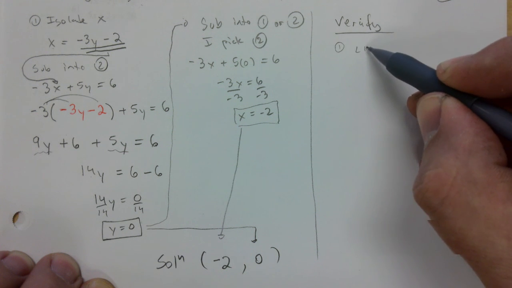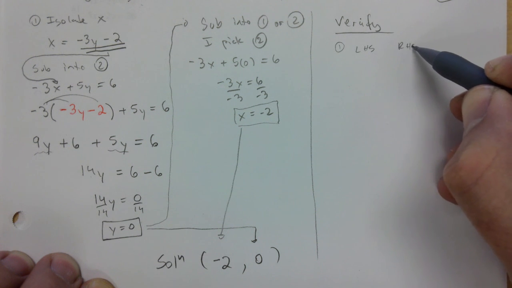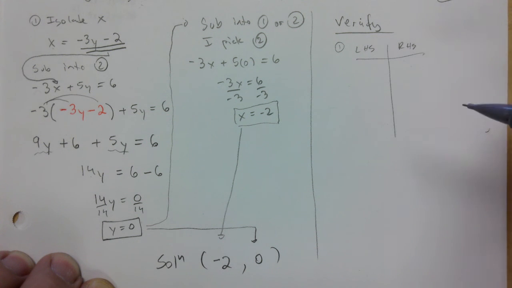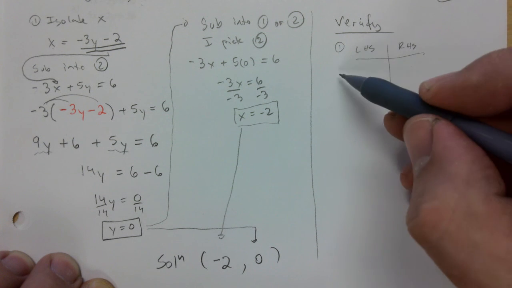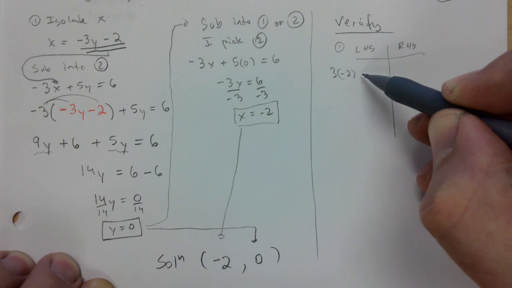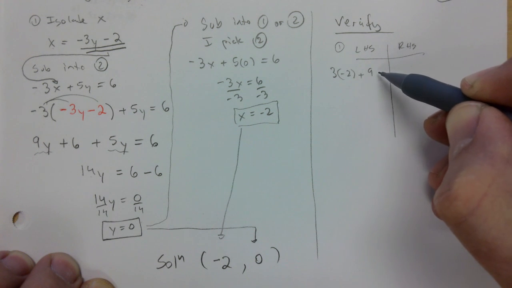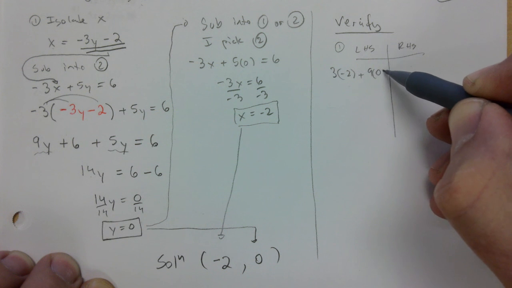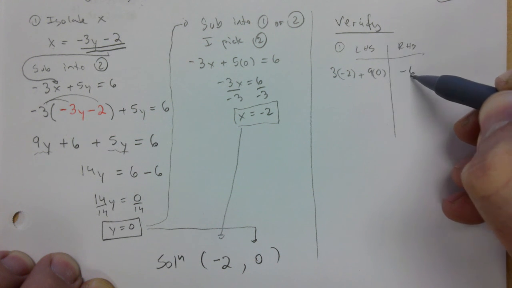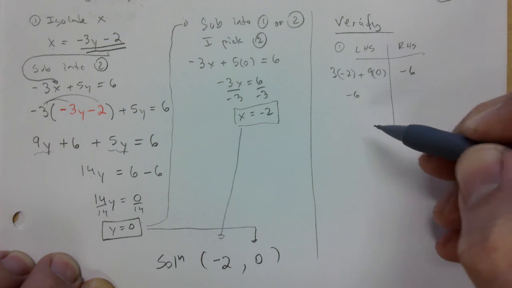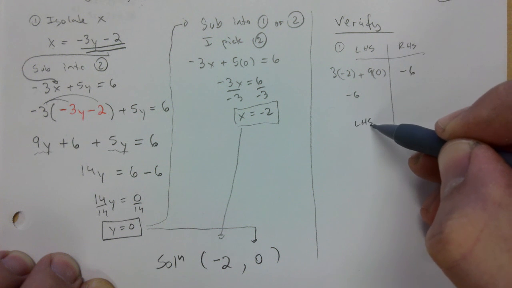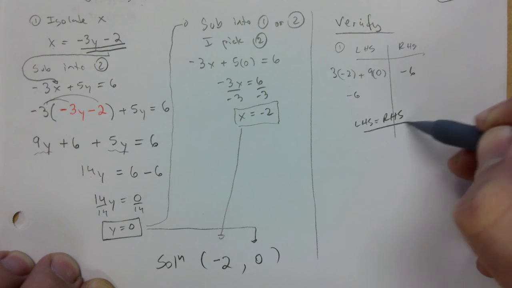On the first one, left-hand side, right-hand side. Oops. Just hang in there, okay? I'm almost done. So 3 times negative 2 plus 9 times 0 is supposed to be equal to negative 6. We get negative 6, so left-hand side is equal to right-hand side. We're done that.